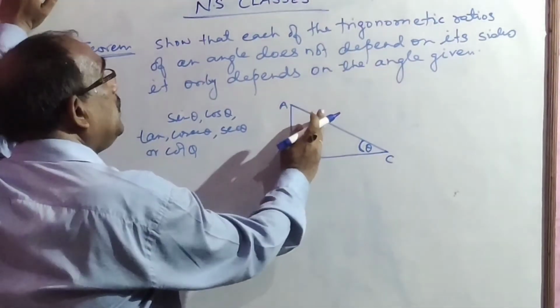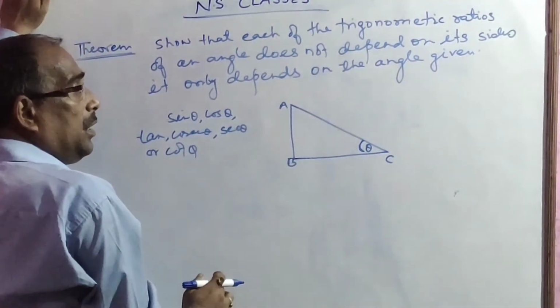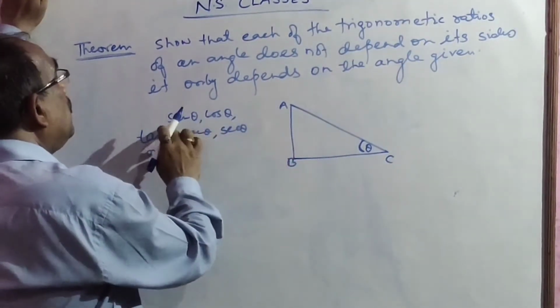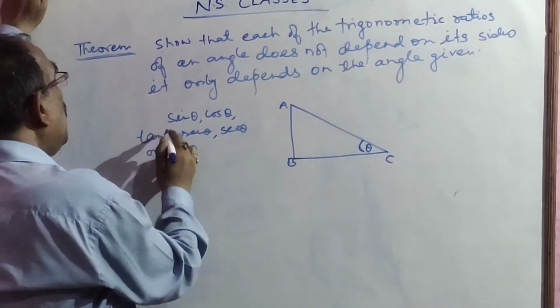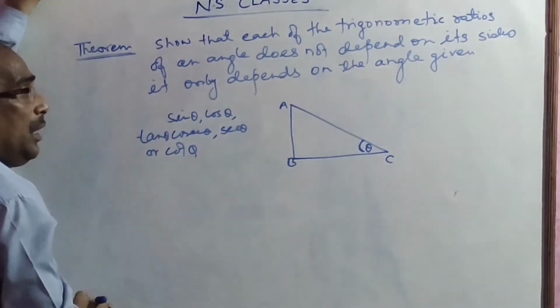If the size is bigger or smaller, it does not affect sin theta, cos theta, tan theta, cosec theta, sec theta or cot theta.